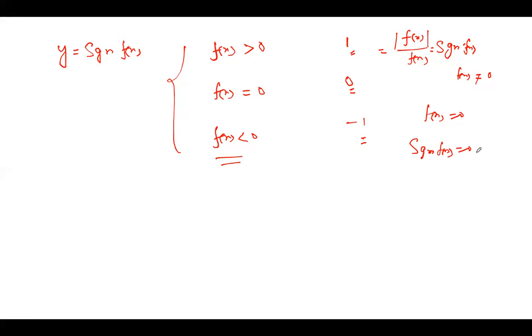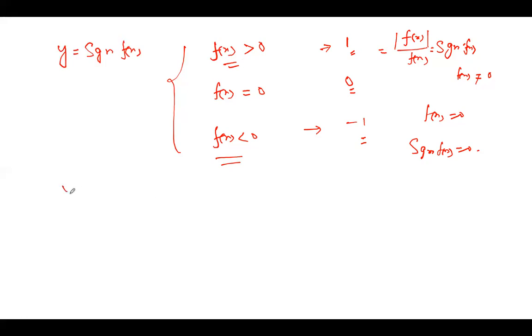One part, when f(x) is 0, the function will be 0. If f(x) is non-zero, then it will be |f(x)|/f(x). So for f(x) greater than 0, you get 1. For less than 0, you get -1. At 0, it will be 0.